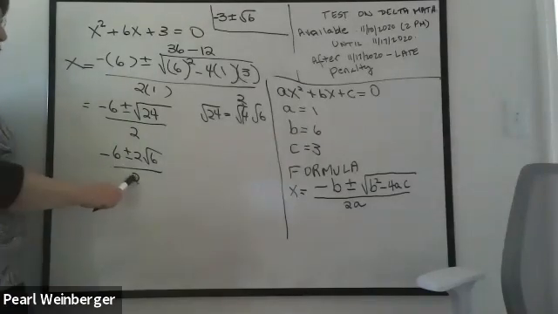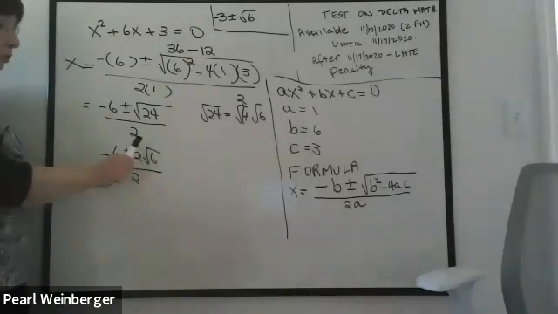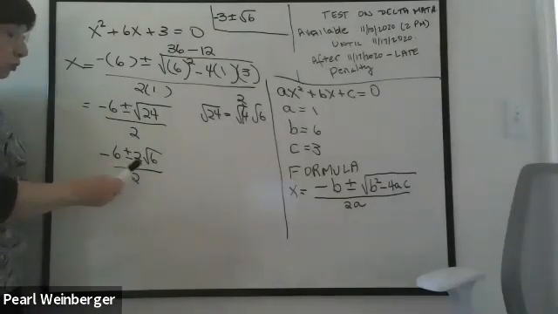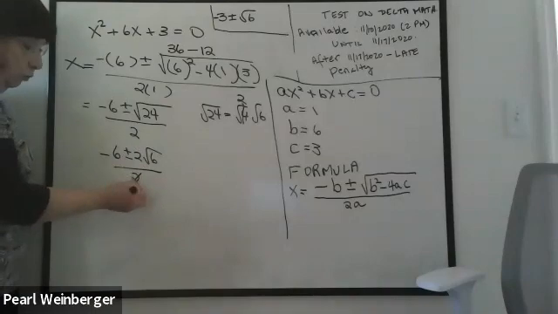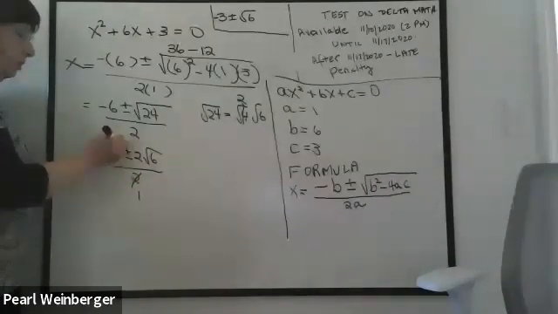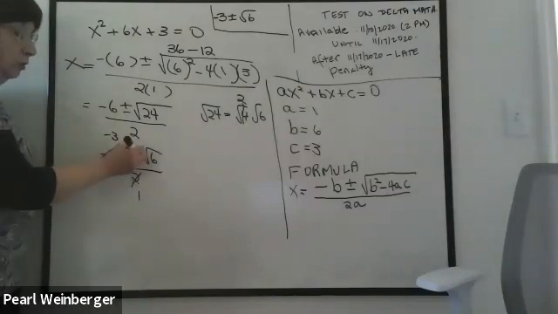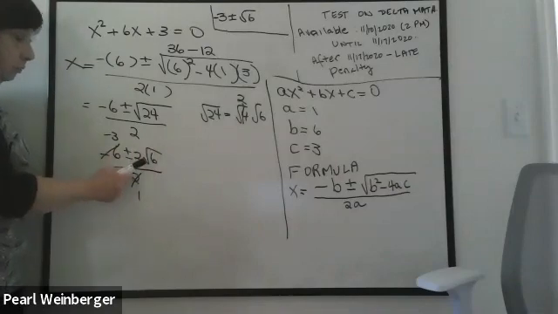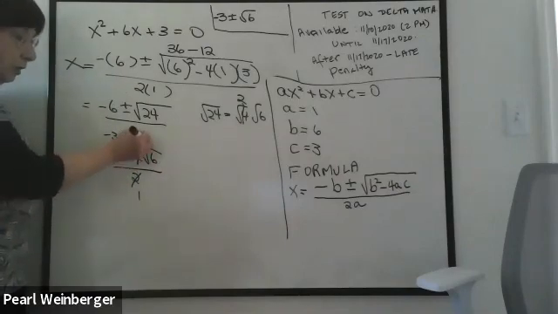And if you notice, 2 goes into each one of those terms. The 2 into 2 will give me 1. The 2 into the negative 6 will give me negative 3. And the 2 into the 2 radical 6, remember, when you're dividing, numbers outside radicals can only divide into numbers outside radicals, and there is a 2 outside that radical.